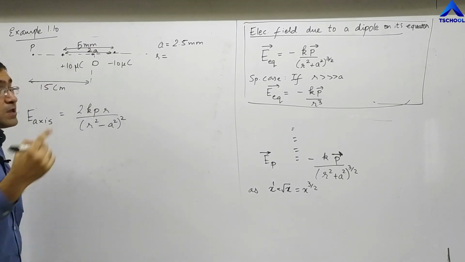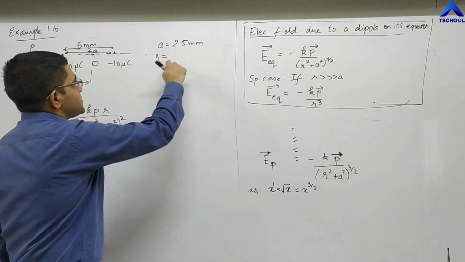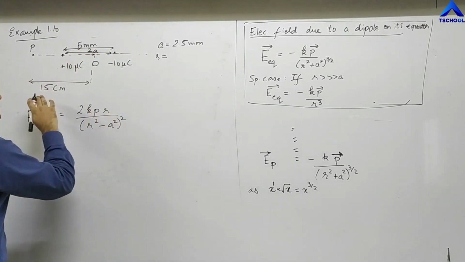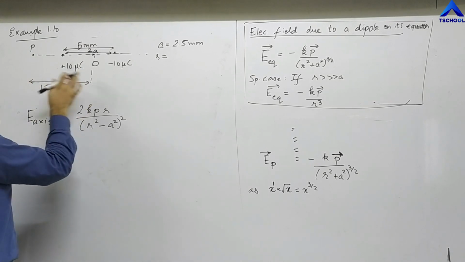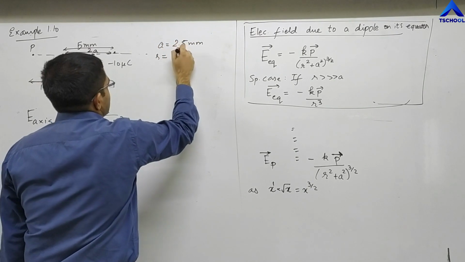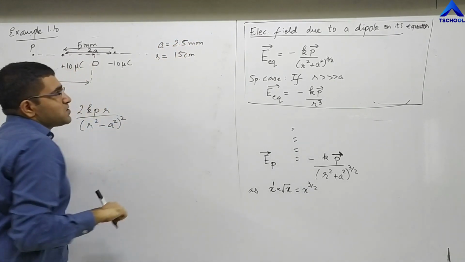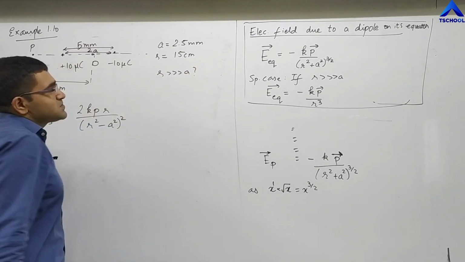So if you compare 2a with 5 mm, a is 2.5 mm. What's r? r is the distance between O and that point P, between center and P, so r is 15 centimeter. What do you think? Does this case qualify?